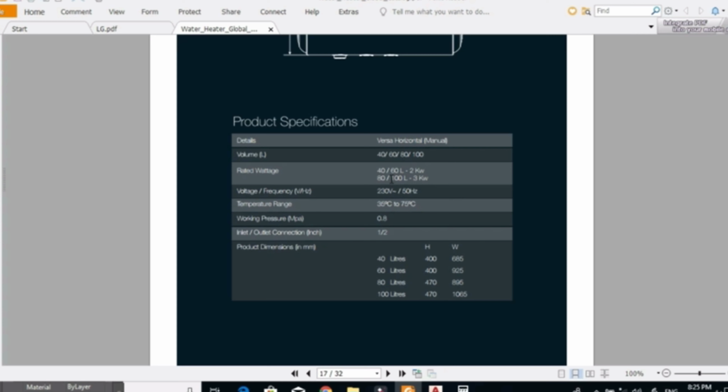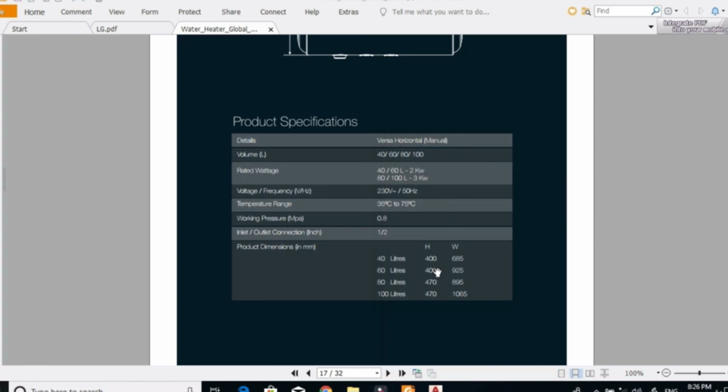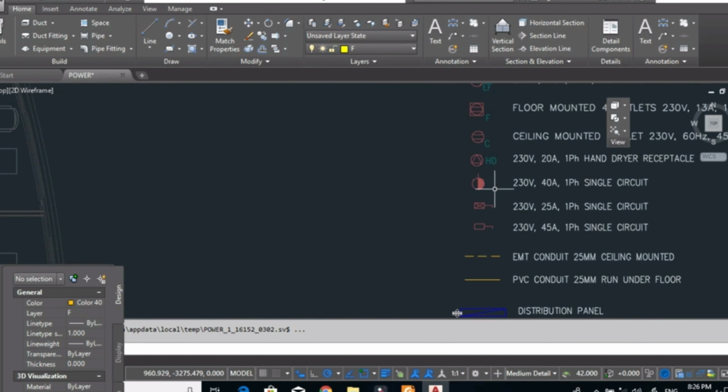Here they mention that for 100 liters the power is 3 kilowatt. Suppose I have 3 kilowatt, I will divide it by the voltage for single phase, suppose 220, then the ampere will be around 13 ampere. I think 25 ampere is enough.